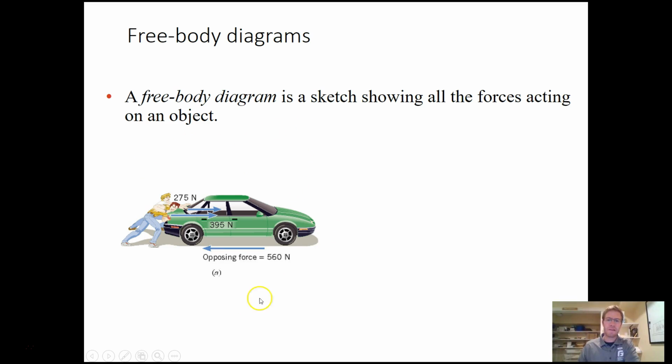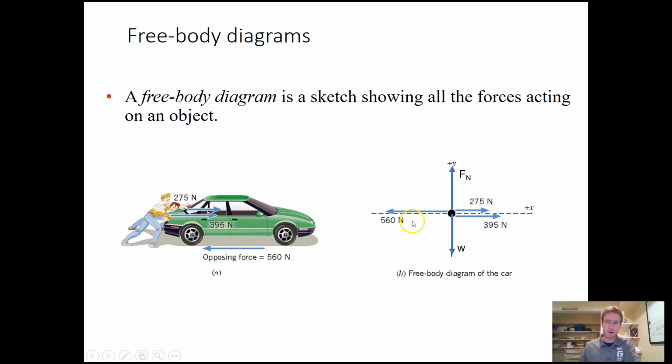So what would a free body diagram look like for this situation? We take this object, represent it as a single point, and draw each force acting on the object and its direction. For this car, I would represent it with a single black point, and I know there are 5 forces acting on it: the opposing force, the push from person 1, and the push from person 2.